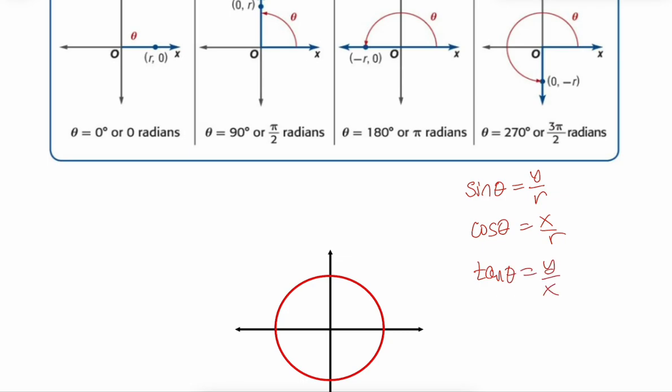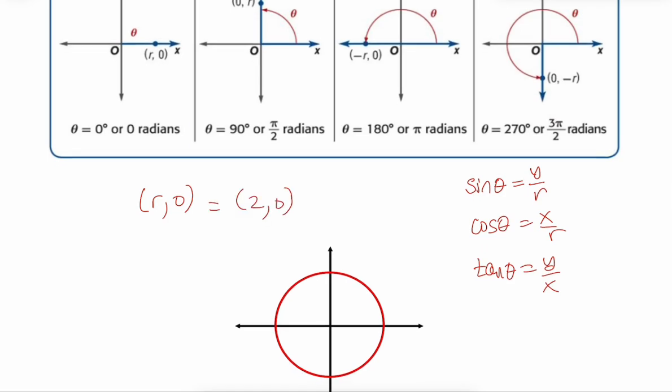Okay, so let's just do it for 0, and then I think it will help you. So let's say that we've landed at the point (r, 0), like we did on the homework. It was the point (2, 0) for number 4. Okay. Well, what do we have? x is 2. We have a 0.